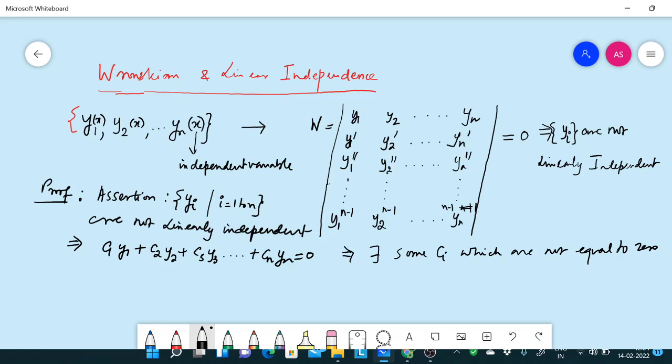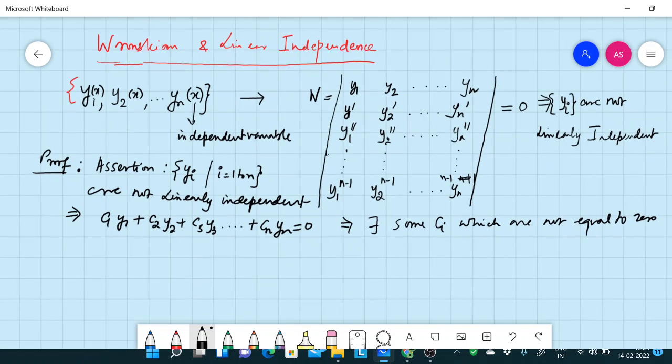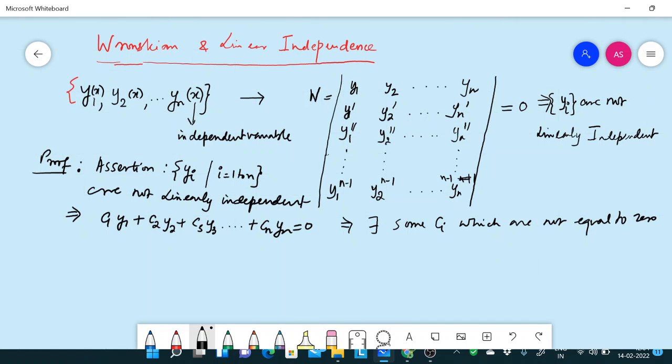If this is true, we can always use this condition in order to simplify our matrix and the determinant. So I make a column transformation in the W matrix. Your first column C1, replace it with a1 C1 plus a2 C2 till an Cn.